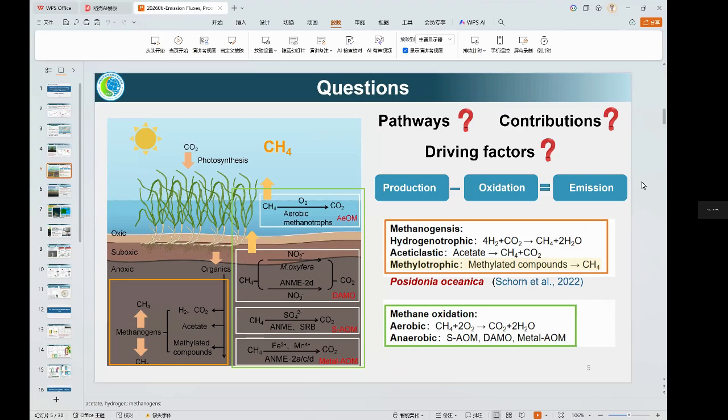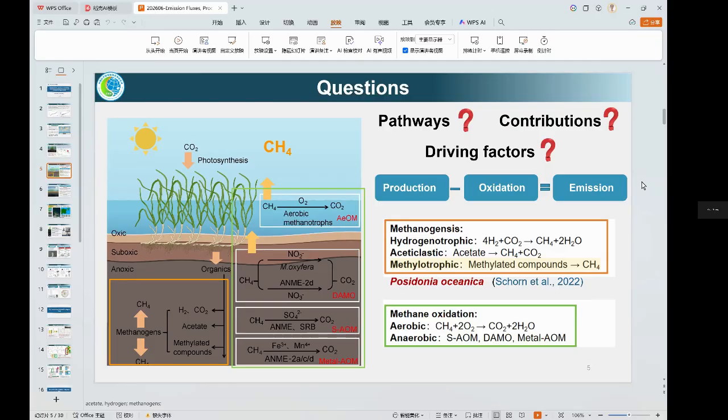In natural environments, there are three main methane production pathways, including the hydrogenotrophic pathway, the acetoclastic pathway, and the methylotrophic pathway.